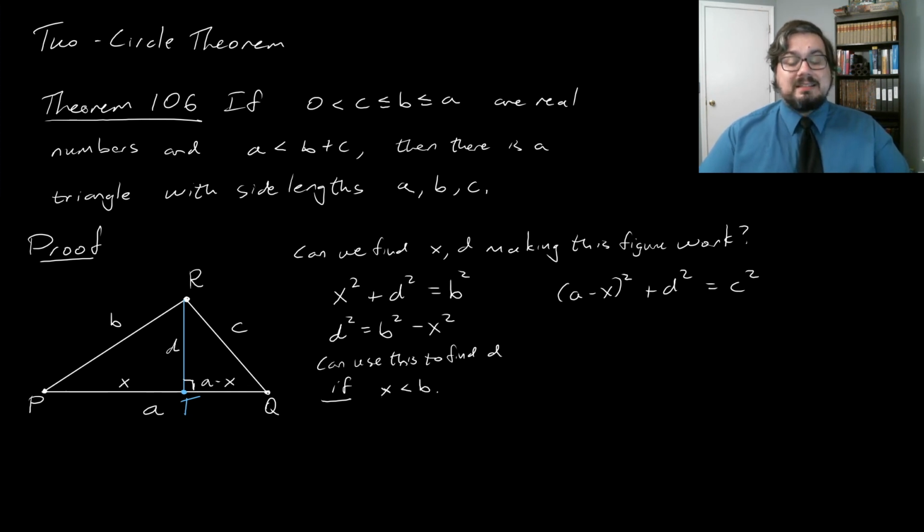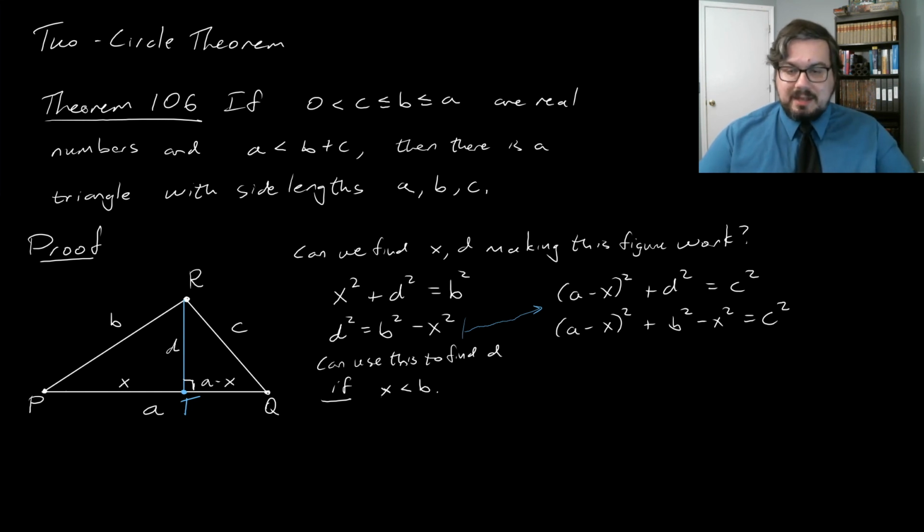So if x is less than b, then we can use the left-hand equation in order to determine d, because of course d has to be positive. But assuming we do that, if we can set x to be less than b, then we can take this over into the other equation and get that (a minus x) squared plus b squared minus x squared is equal to c squared. So we want to find an x that makes this happen.